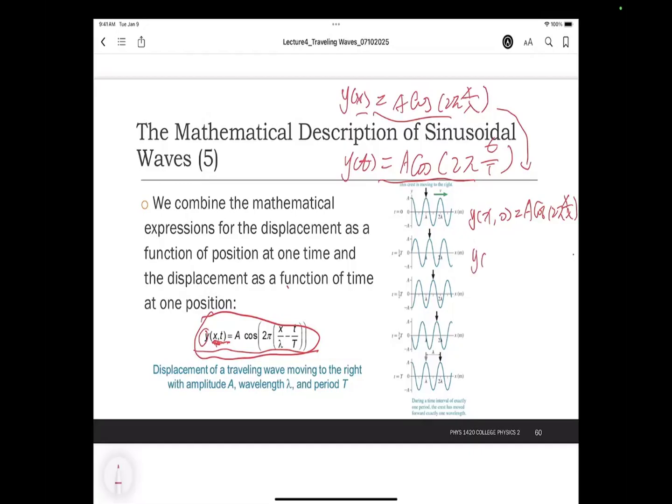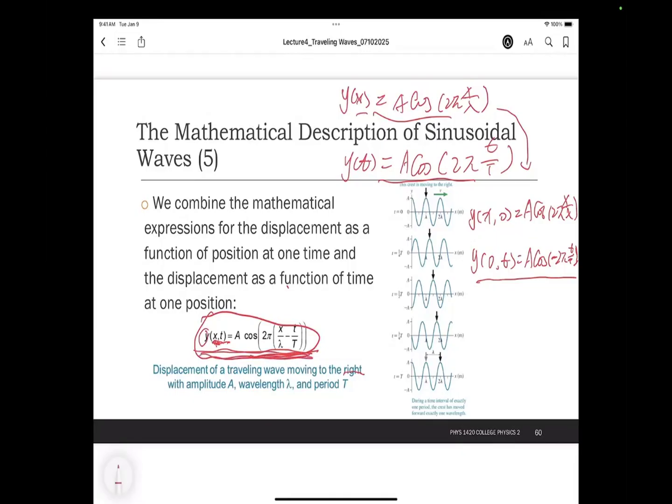Then we write y(0, t). Because this is a right-moving wave, we use cosine of negative 2 pi t over T, which means at time t when the displacement is 0. Then you can see we can put them together just like this. This is why this equation comes out.